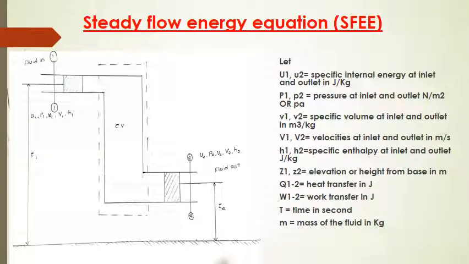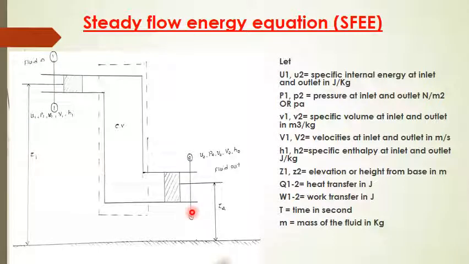Good morning, students. Now, let us derive an expression for the steady flow energy equation for flow processes. For that, to derive the equation, let us consider this diagram. We have 2 points here: where fluid enters, and the point where fluid leaves.